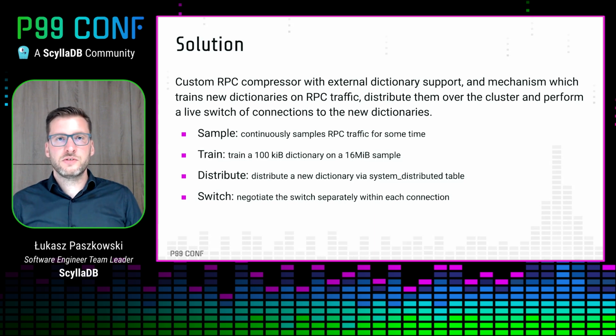Dictionary-based compression requires that both the sender and the receiver use the same dictionary. In particular, the sender can only start using a new dictionary after the receiver acquires it, and the receiver cannot forget a dictionary as long as the sender uses it. So they communicate via an ordered and reliable stream of messages, and the negotiation is performed for each node separately.